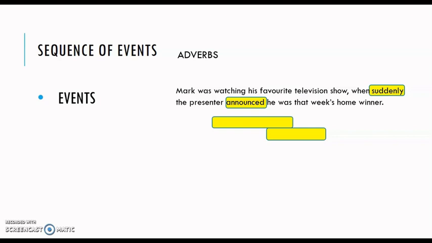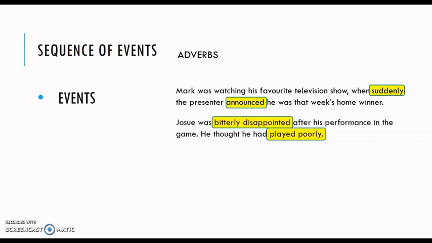So suddenly is an adverb of time which adds emphasis to the happiness that Mark might be feeling. Another example is of adverbs modifying an adjective, as in the first case, and a verb, as in the second.